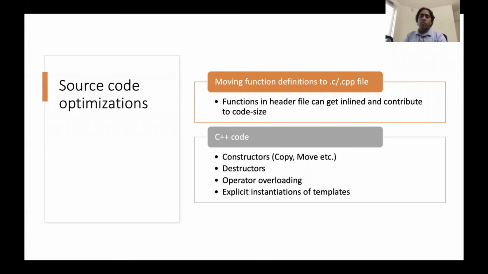C++ heavy code will have many other functions which we don't see because of abstraction penalty, like constructors, destructors, and copy constructors. And with C++14, 17, we have many others, like the rule of 7 or something.